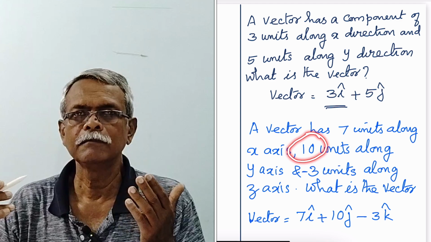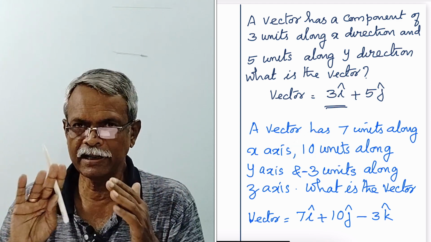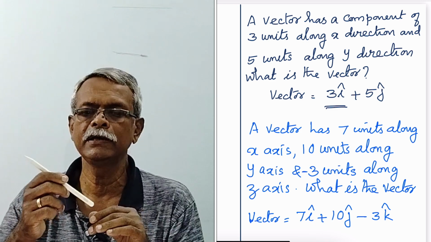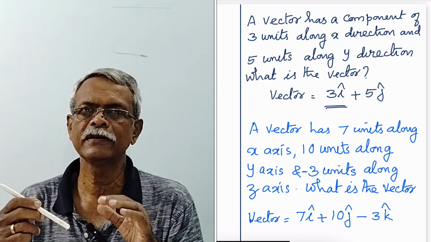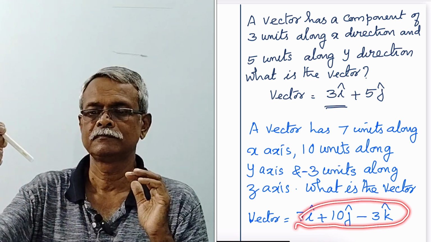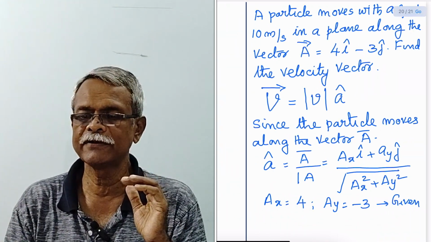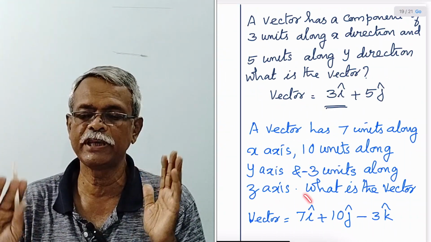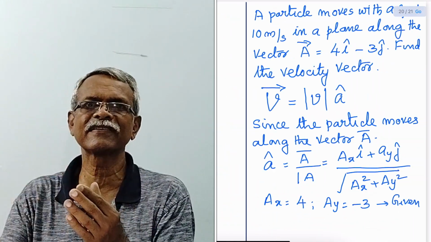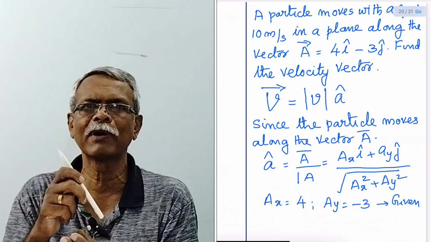A particle, this is a slightly advanced level question. A particle moves with a speed of 10 meters per second in a plane along a vector a equal to 4i minus 3j. Find the velocity vector. We are not given the x component or the y component.